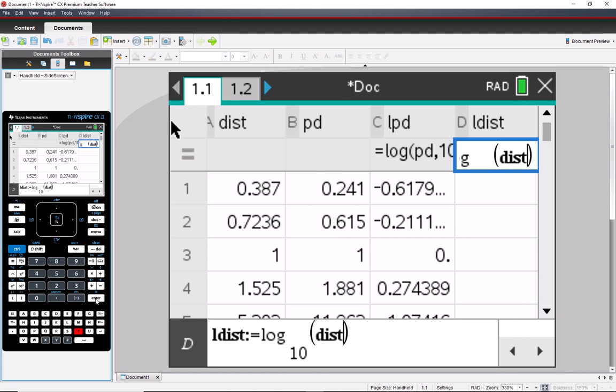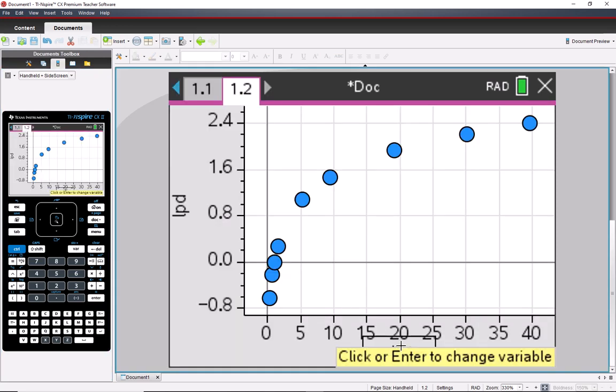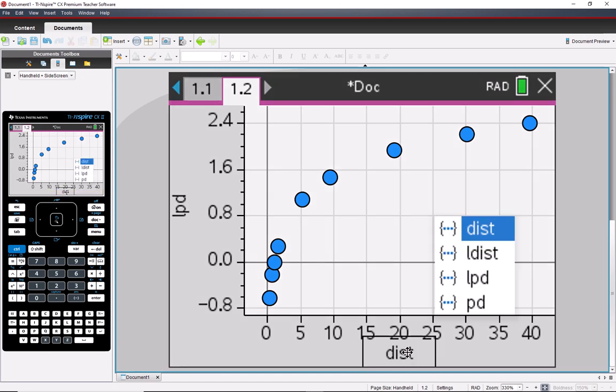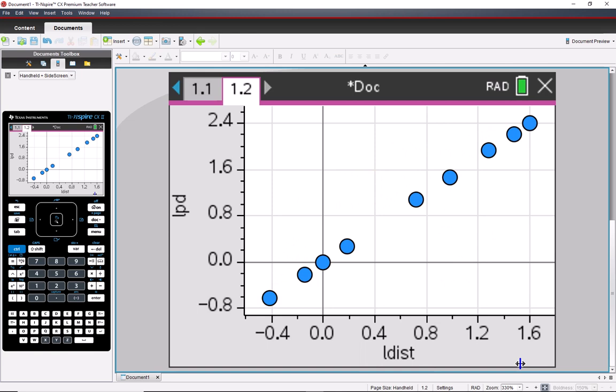So hit enter. All right, let's see if that straightens out if we put both logs into our scatter plot. So instead of doing distance here, we'll change it to log of the distance. And yeah, wow, that really straightened it out. So we definitely have a power model at work here.